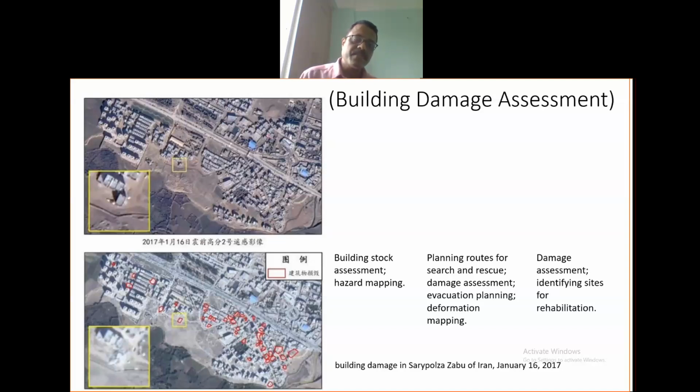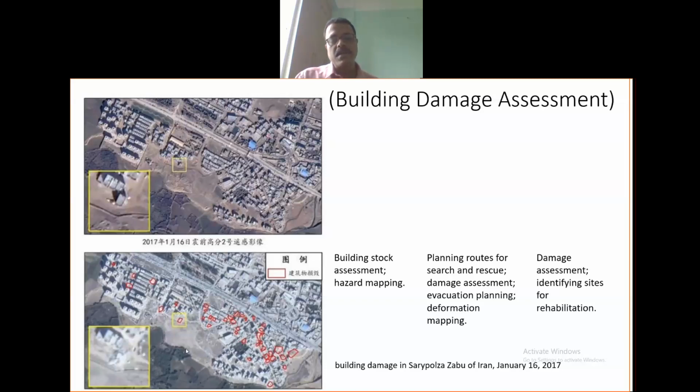This is a pre-earthquake scenario somewhere in 2017. I also cannot read these characters, but by the year you can imagine this is 2017. This other image is after that date, so somewhere in between we had an earthquake, and it caused many of these buildings to be damaged.